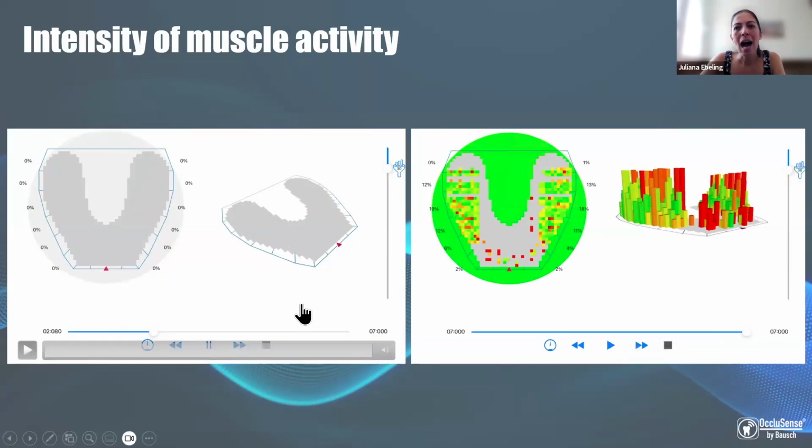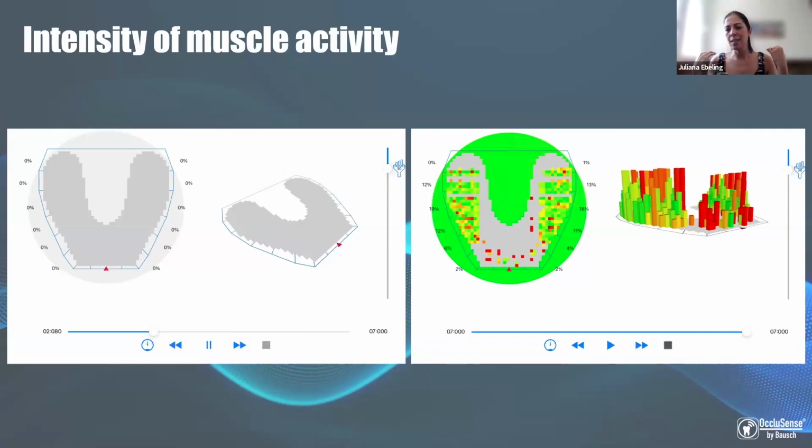Why? Because what I ask of the patient, how I register, how the muscle activity is for this registration, changes completely what I'm getting as data. So now we will go back to the anamnesis phase, the fourth phase.